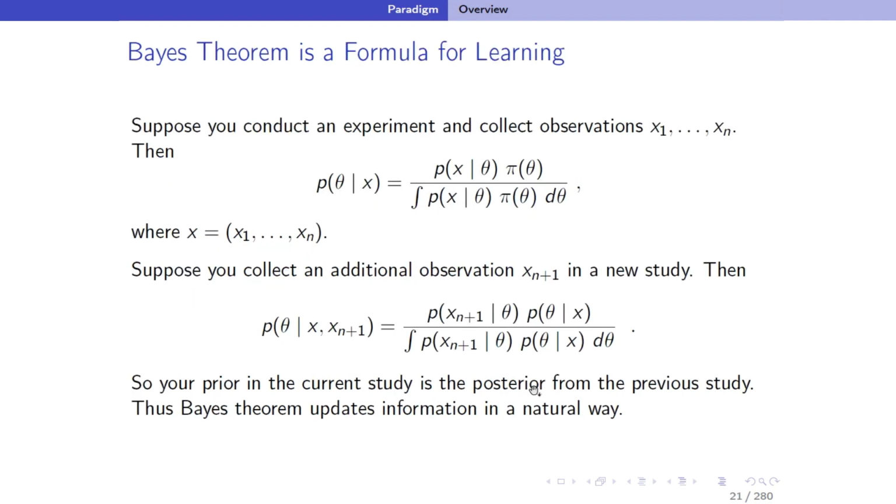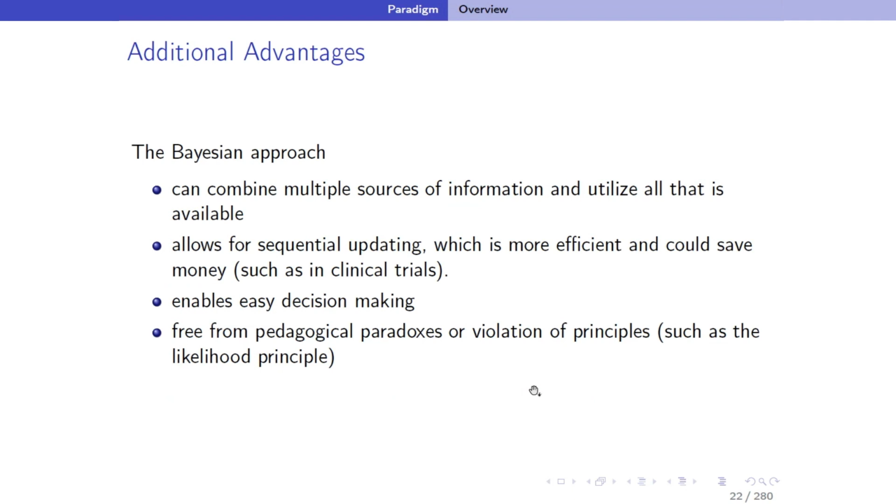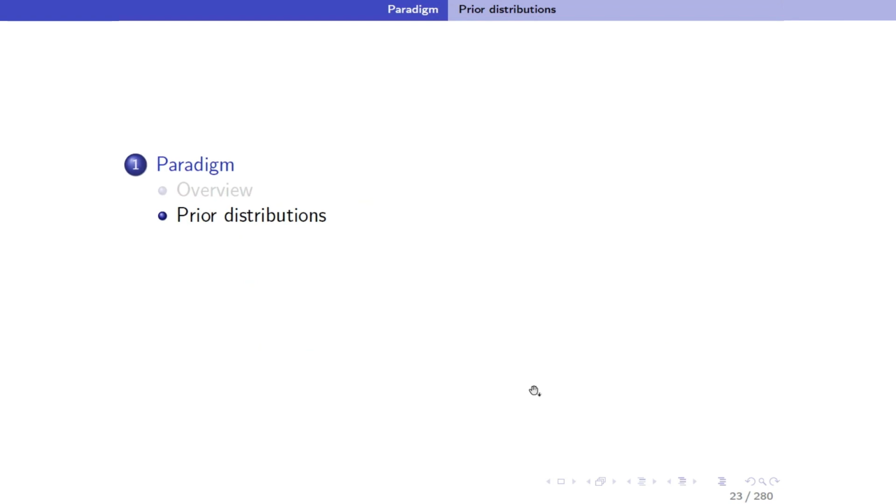And there is also a formula of learning, which I will skip here, because it just says that as you update your data, you become more and more certain or not certain about a parameter, and the distribution will be updated and so on. There are some additional Bayesian advantages, which I'll leave the attendees to look at, because I think you all have the handouts, and I won't go through them at this point. And I will move on to the next session.